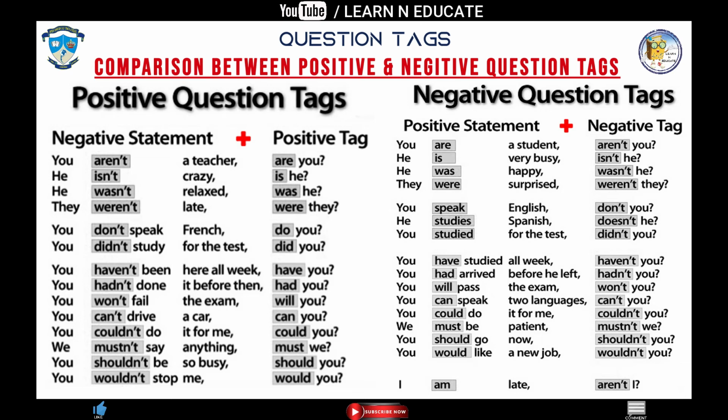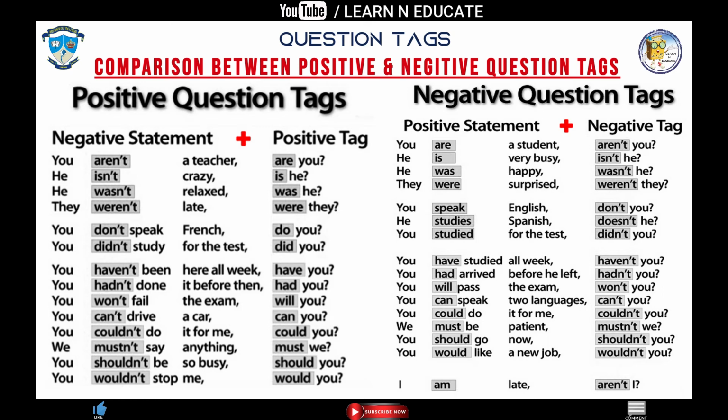Next, he isn't crazy, is he? Here what's happening? Isn't, that is is not, is changing into is. Next is he wasn't relaxed, was he? So what's happening here? Wasn't changes into was.